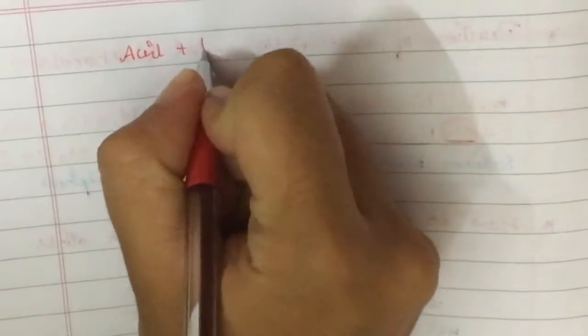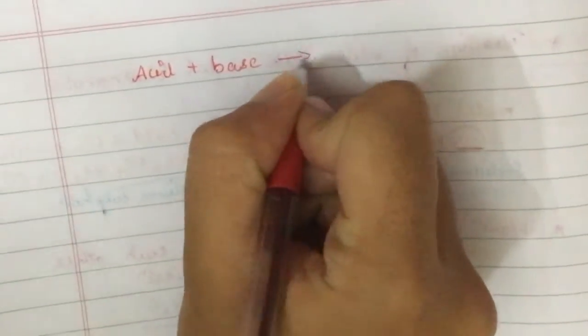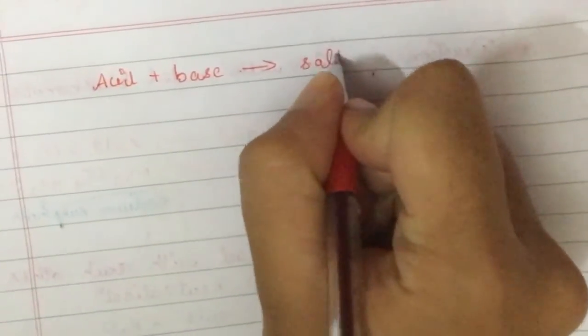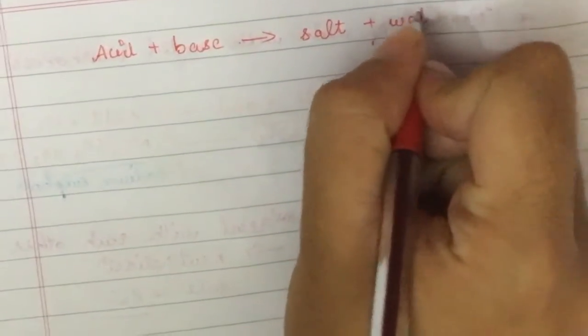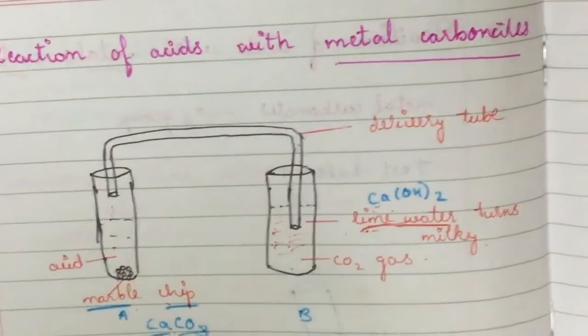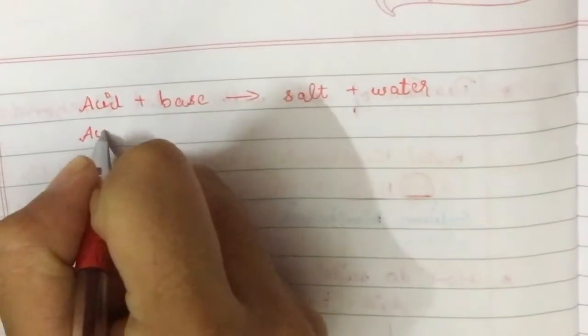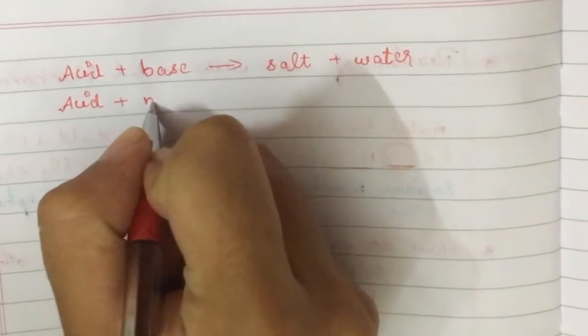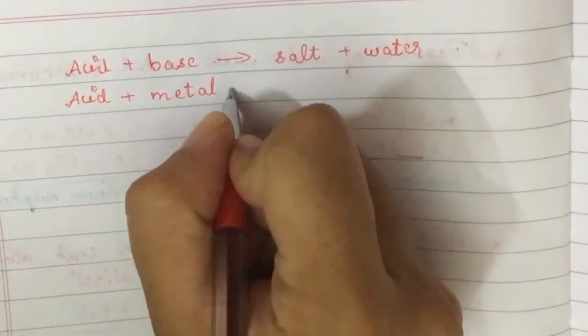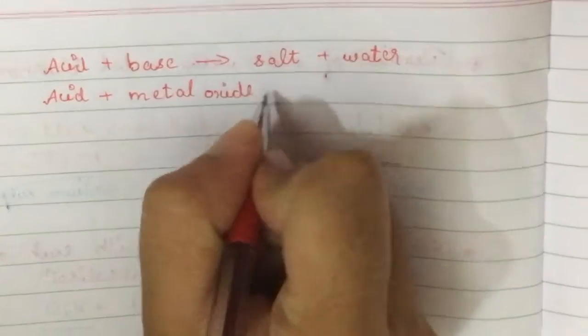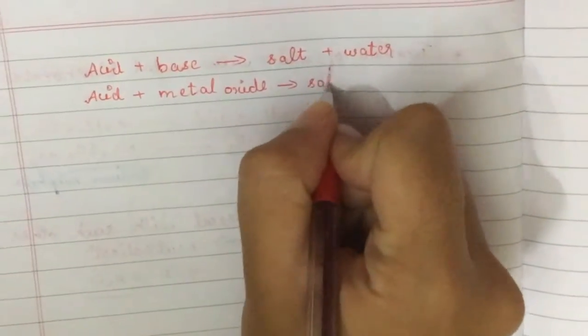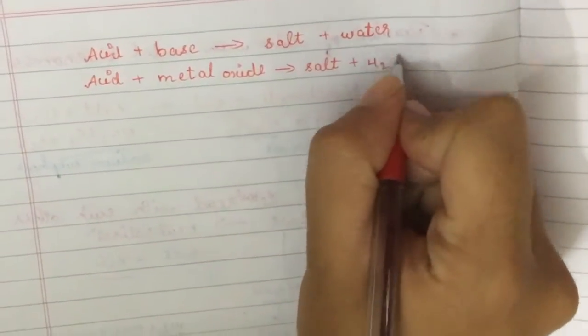So what is the reaction of acid and base, as we have studied now? When acid reacts with base, there will be formation of salt and water. A similar thing happens here. When acid reacts with the metal oxide, the general representation is acid plus metal oxide will give salt plus water.